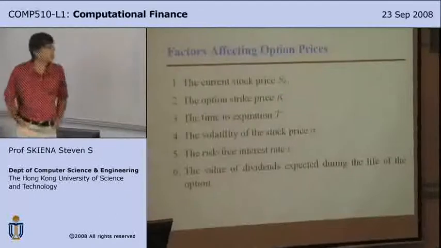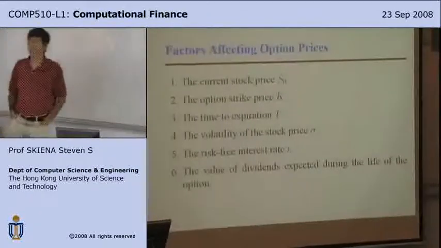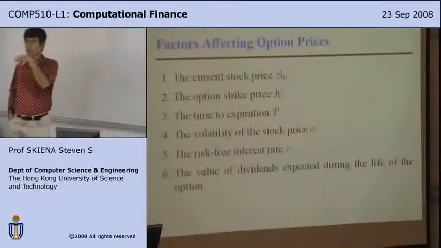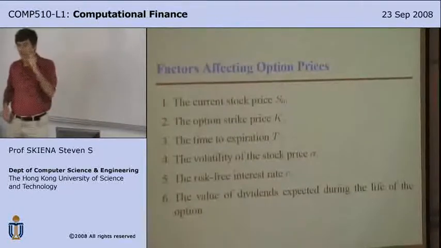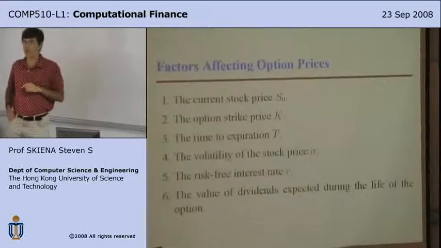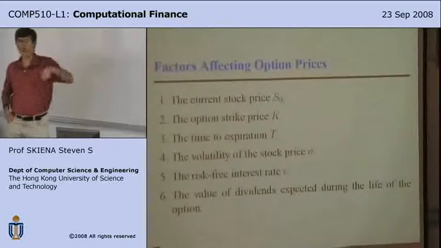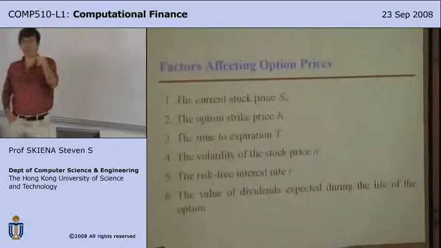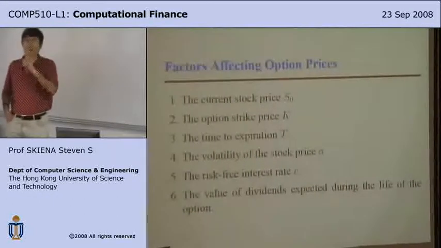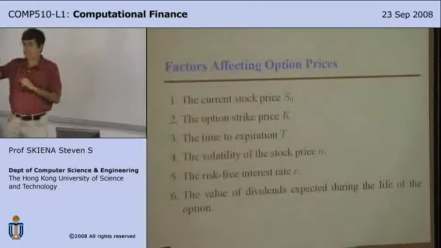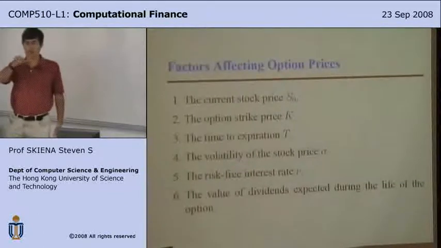How does the current stock price affect an option? If we have an option to buy GE at $50 a share, why does the current price of the stock make a difference? Does the current price of the stock make a difference on the value of an option where the strike price is $50 a year from now?